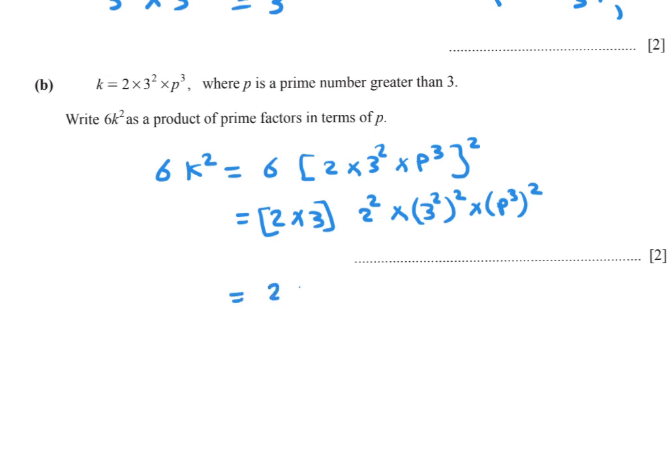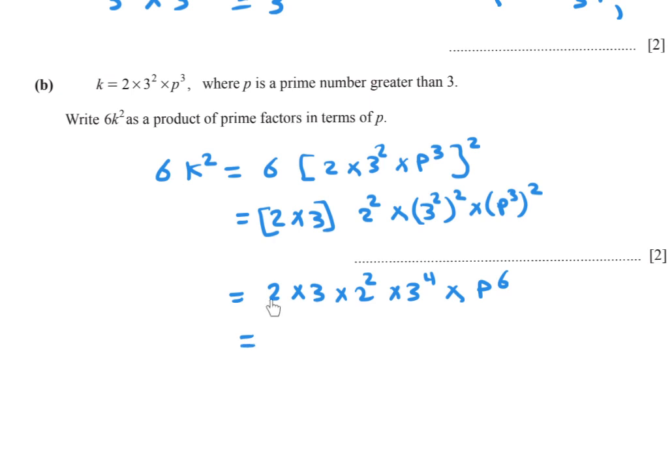We can rewrite 2 multiply 3 times 2 power 2. We can simplify: we have 2 powers, so multiply them, so this will be 3 power 4, and b power 3 all power 2 is b power 6.